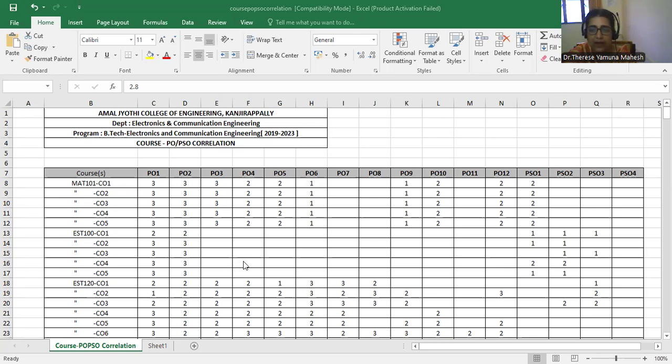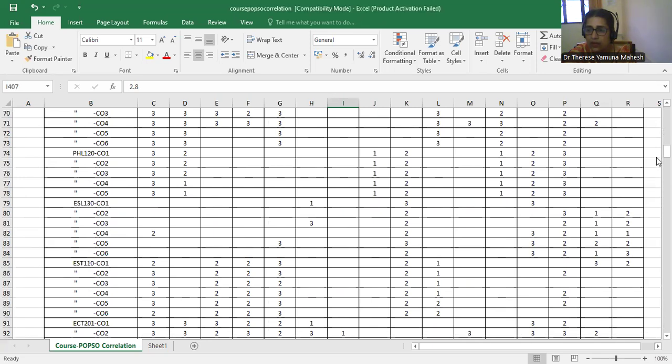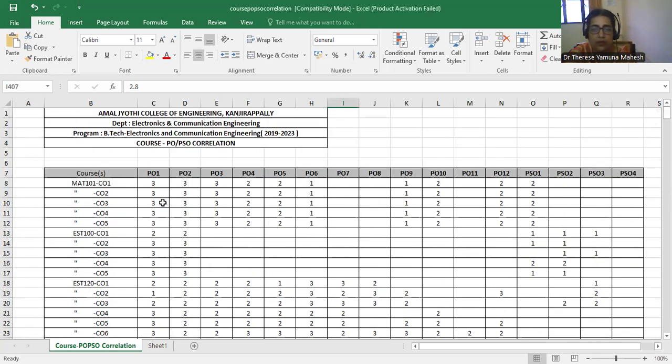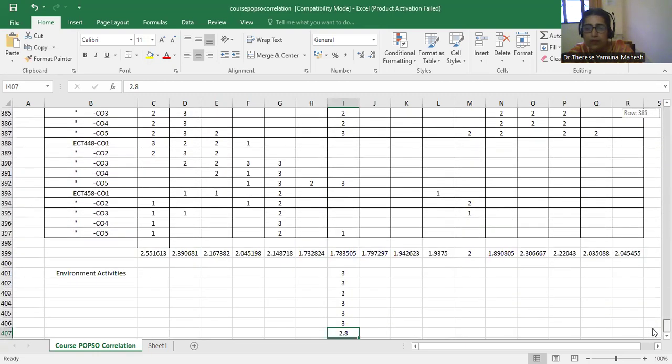So before going to the next sheet, we'll see the maximum contribution of the COs to a particular PO. So here we are mapping all the maximum possible values of COs to the corresponding POs. So if we take the average of the first column, we should get the contribution made by all these subjects towards PO1. So I have taken the average towards the end and put it here.